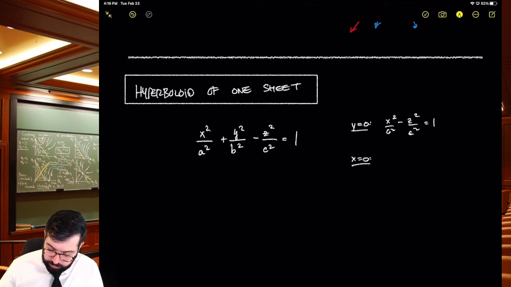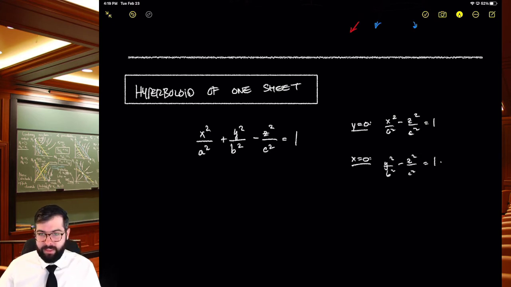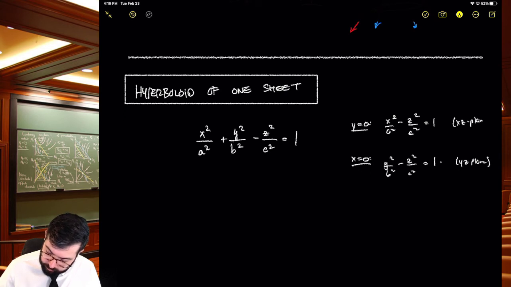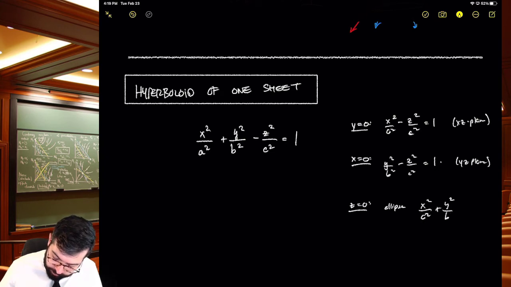When x equals 0, you've got y squared minus z squared. So you've got hyperbolas in the yz plane. And then if I let z equal 0, I've got an ellipse, right? x squared over a squared plus y squared over b squared equals 1.